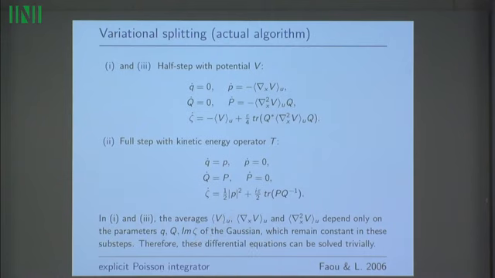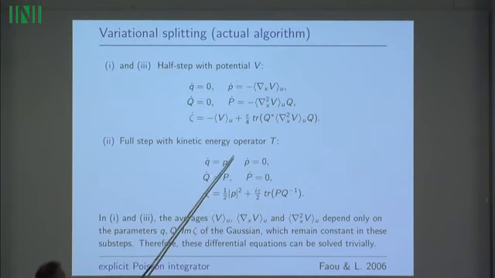But if you don't care for too much accuracy, you just take the one-point averages and you evaluate them at the classical positions. Now, since this is a composition of Hamiltonian flows, albeit non-canonical Hamiltonian flows, this is an explicit non-canonically symplectic integrator or Poisson integrator in these variables.